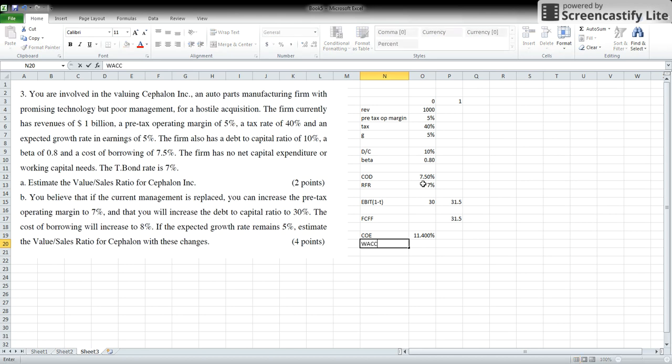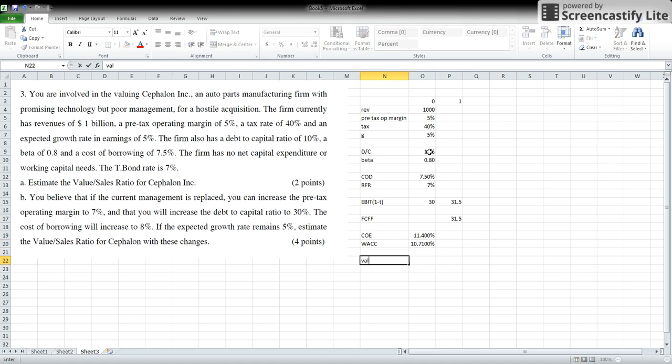The WACC is this cost of equity into the weight of equity, which is 90%, plus the cost of debt into 1 minus tax rate into the weight of debt. So we've got a 10.71% WACC.